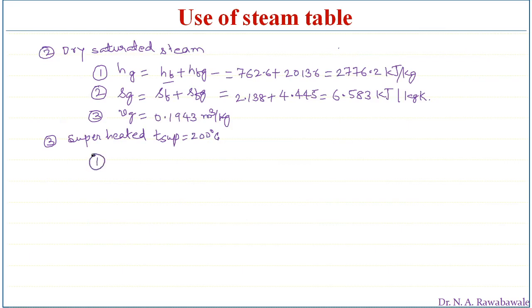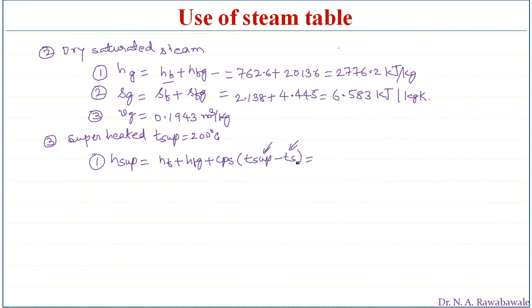Number 1, enthalpy of superheated steam, Hsup. Enthalpy of superheated steam is given as Hf plus Hfg plus Cps, specific heat of steam, into Tsup minus Ts, where Tsup is temperature of superheated steam and Ts is temperature of saturated steam.